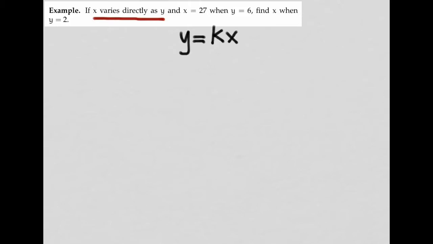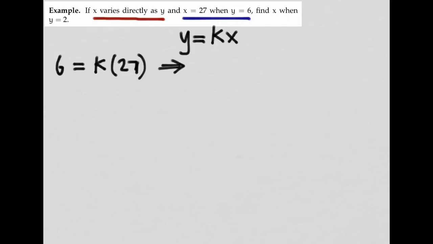Next, x is 27 when y is 6, so we have 6 equals k times 27. But this allows us to solve for k.